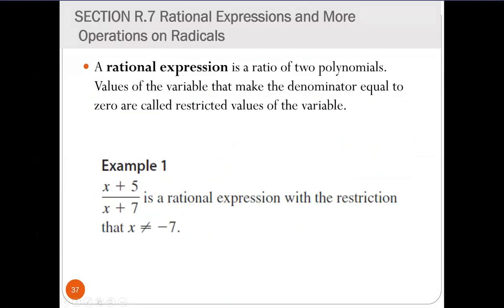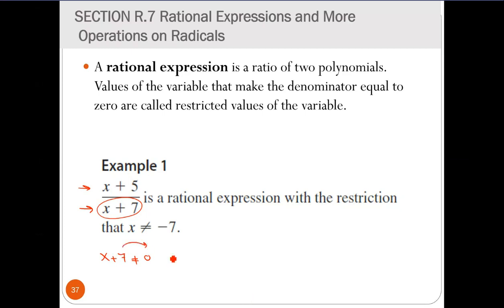Rational expression means we have a polynomial divided by another polynomial. The most important thing is that the denominator is not equal to 0. So if we have, for example, x plus 7, this must be not equal to 0.